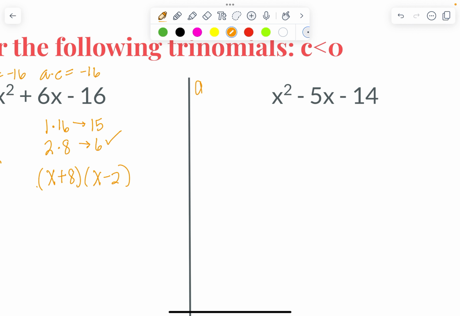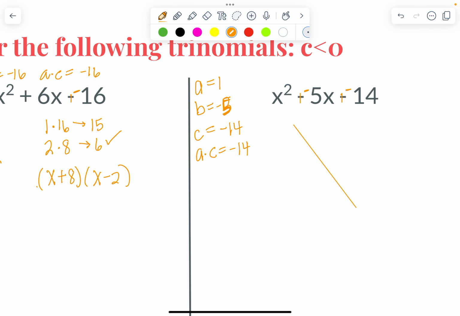In this case, A is 1, B is negative 2, oh, not negative 2, negative 5, and C is negative 14. I forgot to change these, negative plus negative. I should have done that over here as well. So in this case, A times C, 1 times negative 14, is negative 14.